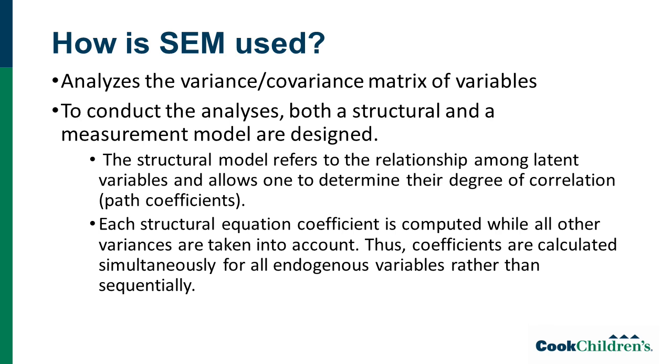Each structural equation coefficient is computed while all other variances are accounted for. So the coefficients are calculated simultaneously for all endogenous variables rather than sequentially. The measurement model actually looks at the latent variables and the observed variables and error variables within that system. So we'll take a closer look at that here in a second.